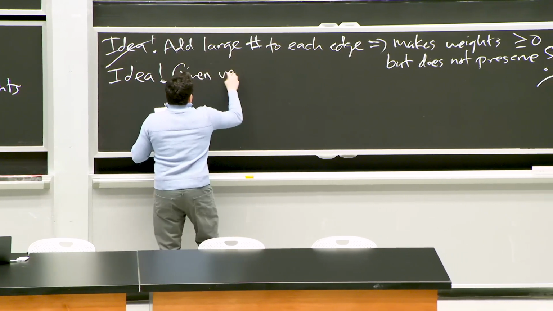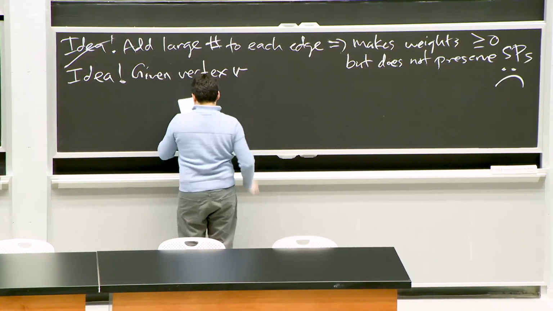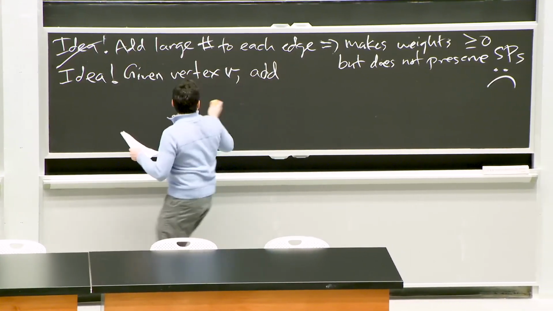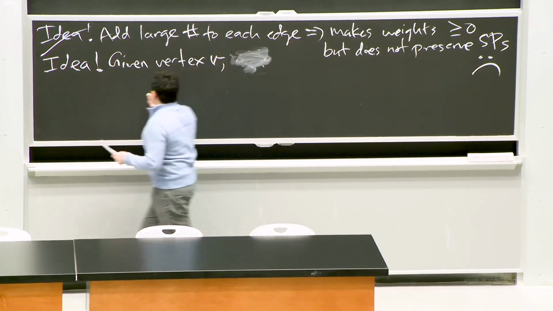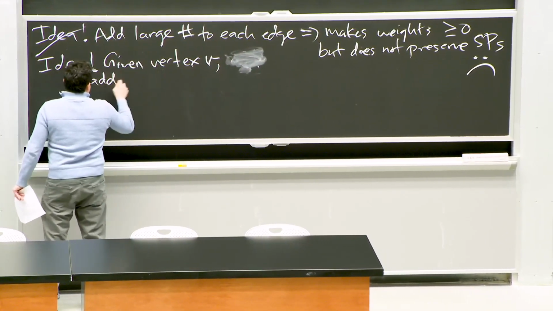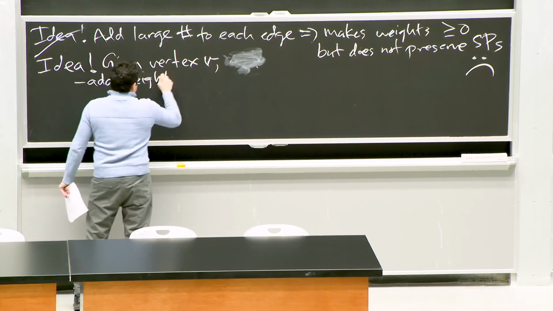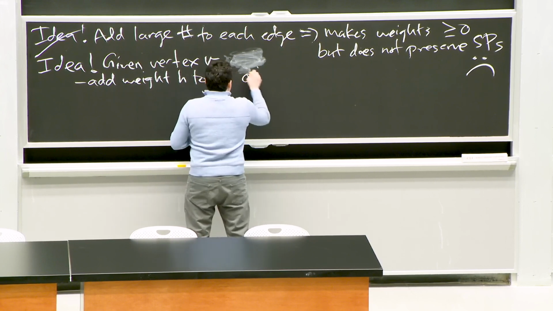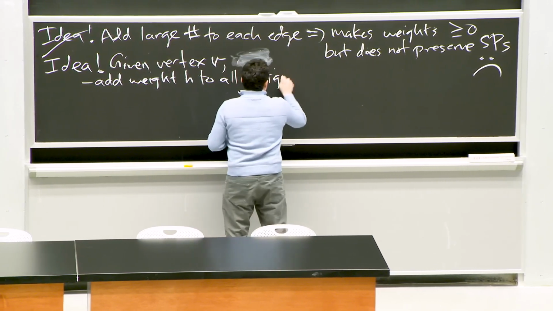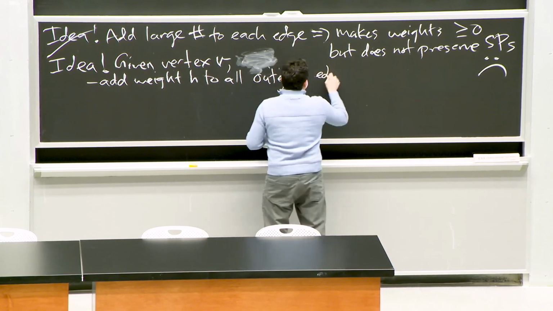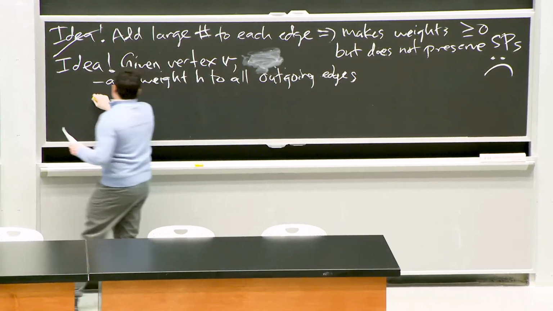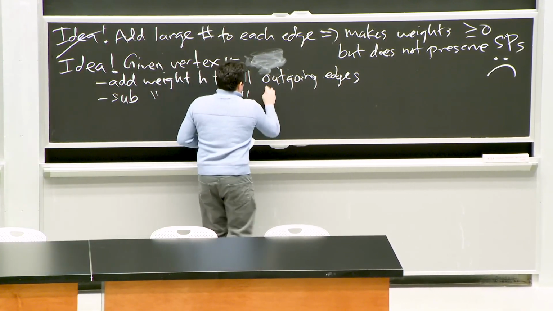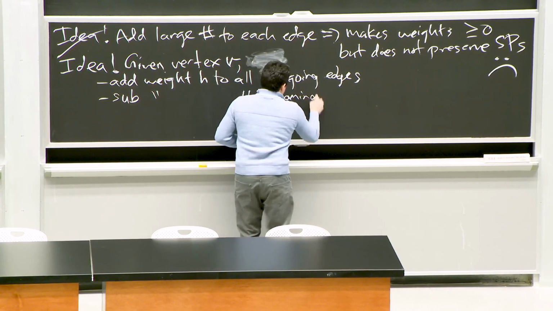Given vertex V, I'm going to put this on 2 lines: add weight H to all outgoing edges, and subtract weight H from all incoming edges.